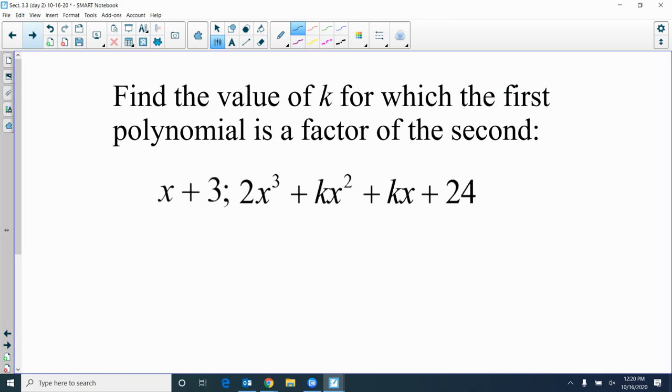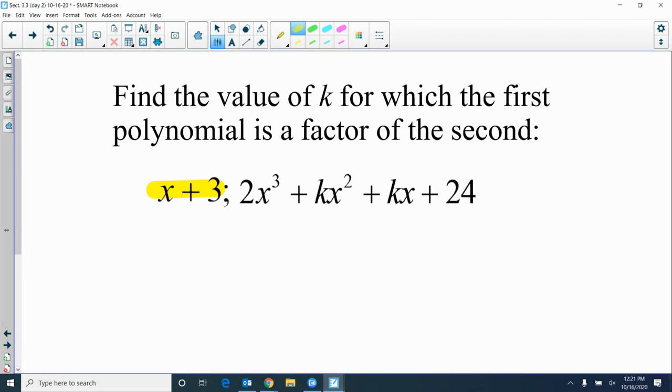All right, take a look at that last one here. Find the value of k for which the first polynomial is a factor of the second. All right, I want you to use synthetic division. All right, let's think about how we're going to do this.